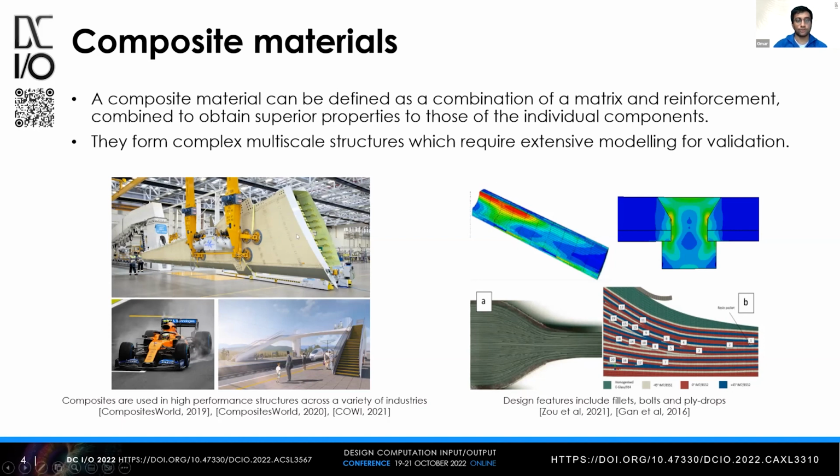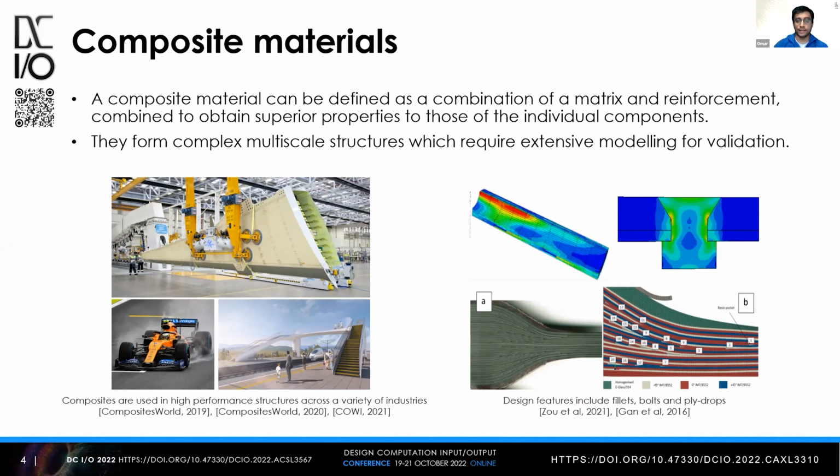Before I go on to that, though, just to give you examples of what composite structures are used for, they can be used for wings, as you can see here, or they can be used in automotive in F1, or they can be used in bridges, as in this concept design by the Composite Center in the UK.